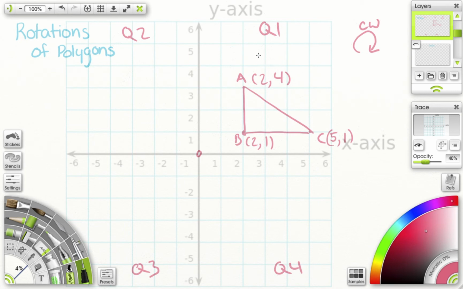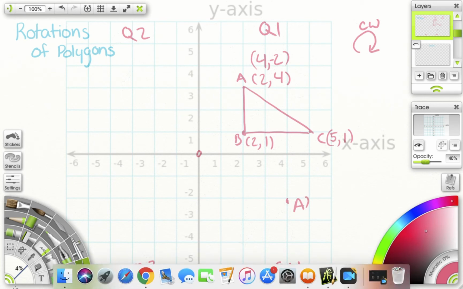So it becomes 4, 2. However, one of these digits has to be negative because we're ending up in this quadrant here. So with our rotation, the second digit becomes negative. So it becomes 4 down to -2.